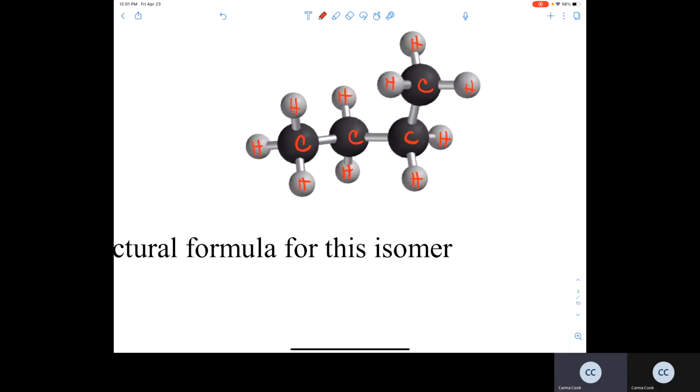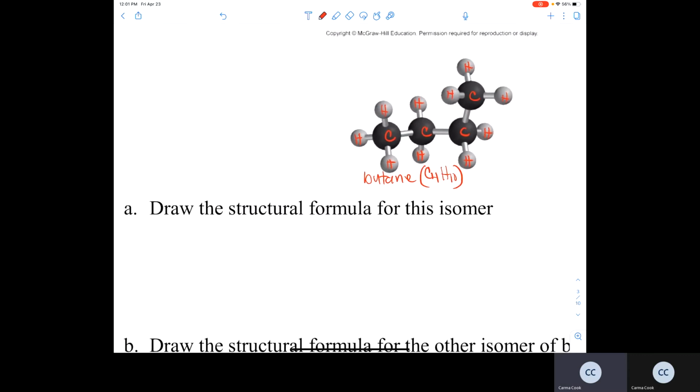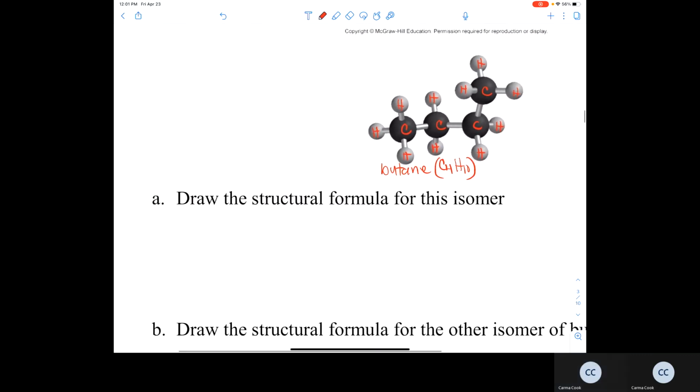And so this is butane with the formula C4H10. And so we want to draw the formula for this isomer. It's going to be CH3, CH2, and then we've got another CH2, and then connected to that carbon on that last CH2 is a CH3.